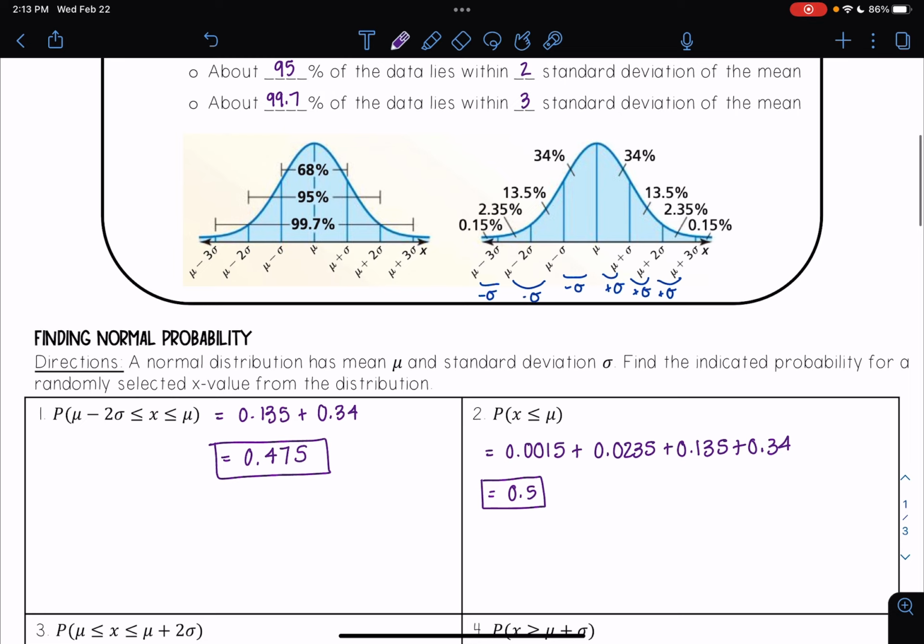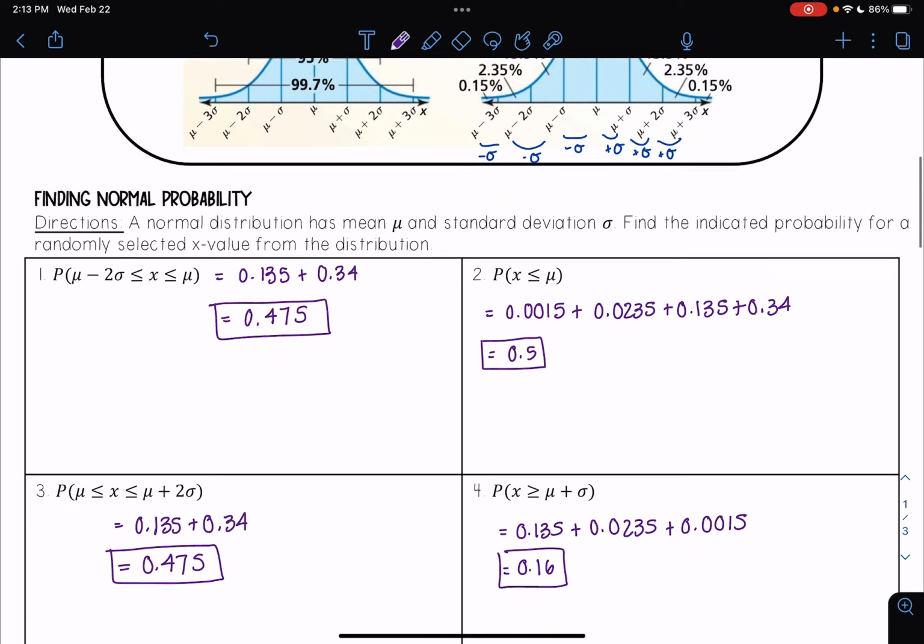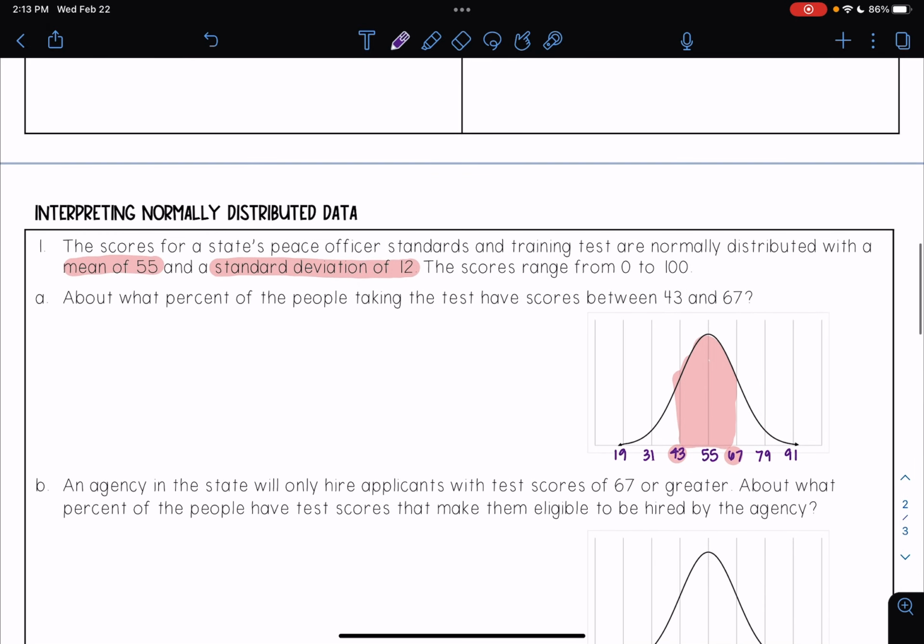I see for those two areas that it corresponds with my 34%. So that means that this probability is going to be 34% plus 34%, which is equal to 68%.